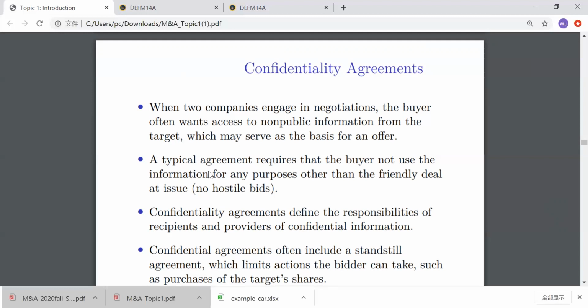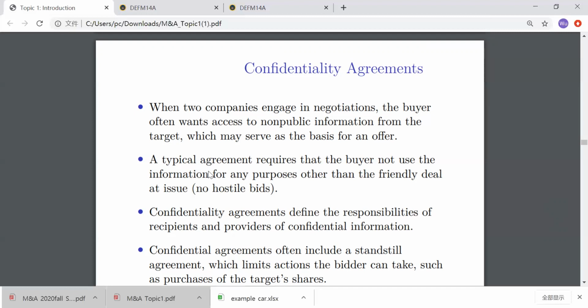But in order to make the bid, these bidders have to have access to the financial information or proprietary information of the target. But there's only one final bidder, so there's only one winner. The losers have access to the target information, but they are not the final bidder.